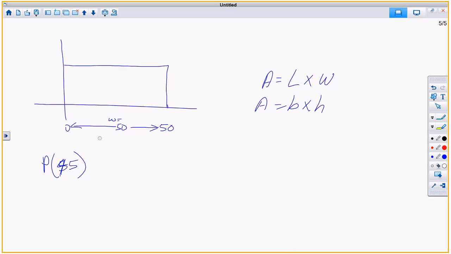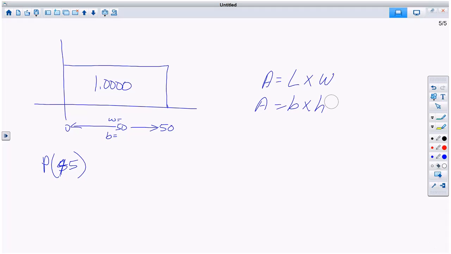You can say width is equal to 50, or you can say base is equal to 50. I don't care which one you say. So if we have the width and we know the area is 1, then we can figure what the height is, right? Now write this down. I'm serious. You're going to be mad on the test when this simple math you forget.